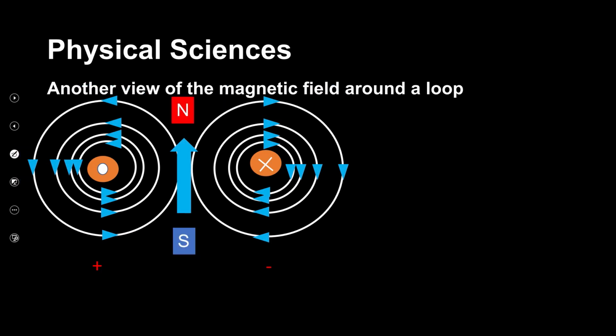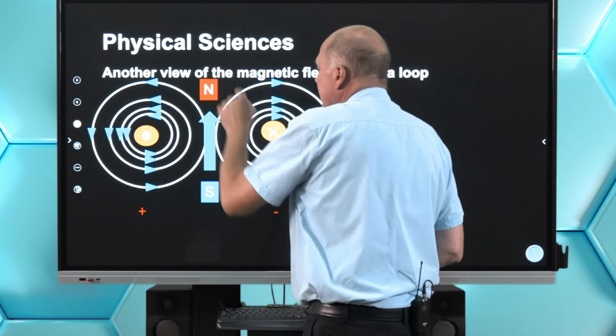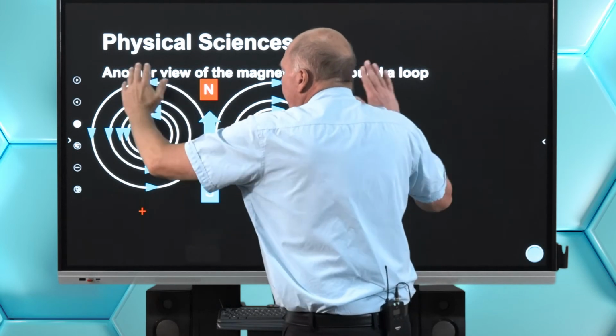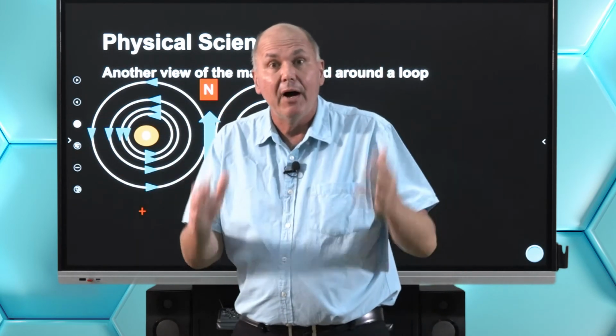Let me illustrate that a little bit clearer so you can see that the field lines are coming out of the north on the outside of the bar magnet or of the electromagnet, and they're coming in at the south. On the inside, between the wires, we see that they are running from south to north. On the outside of the wires, we see that they're running from north to south. So just like a bar magnet.